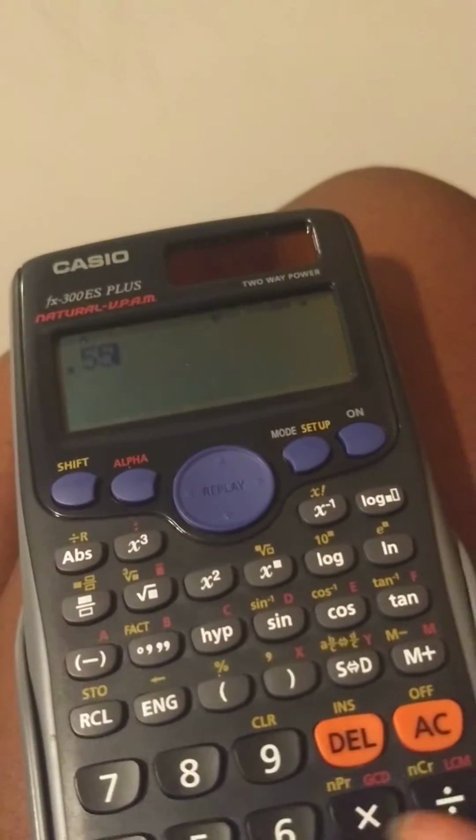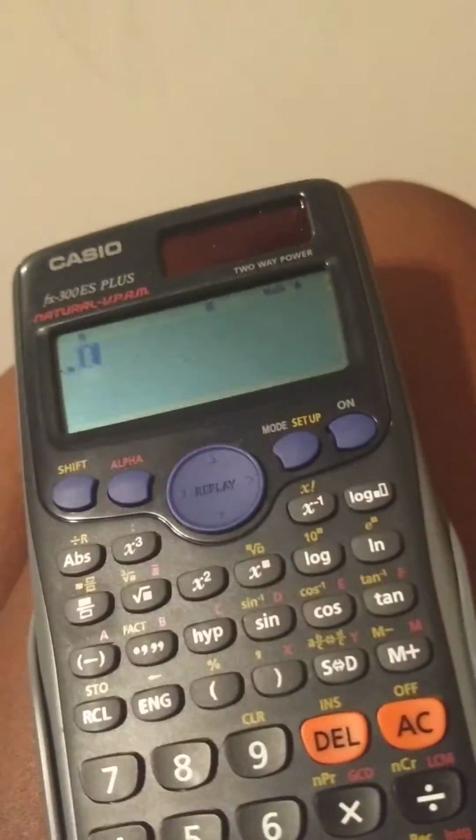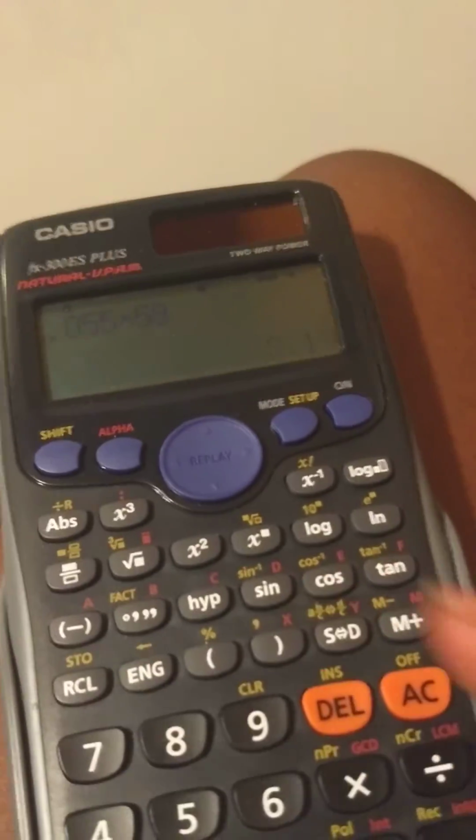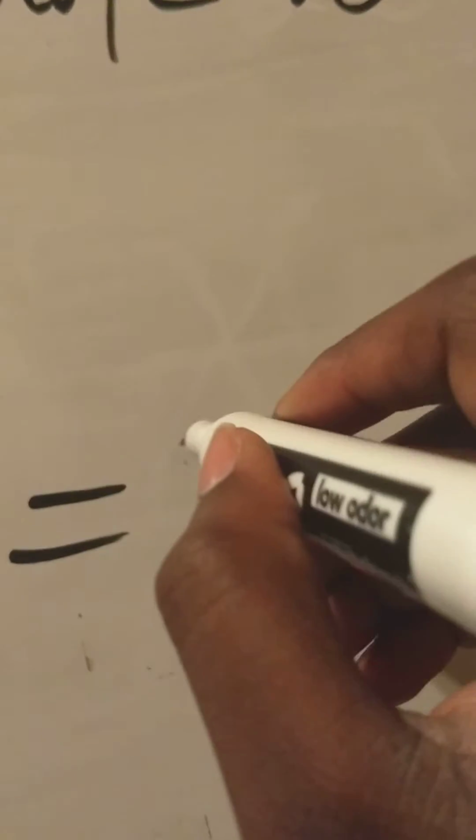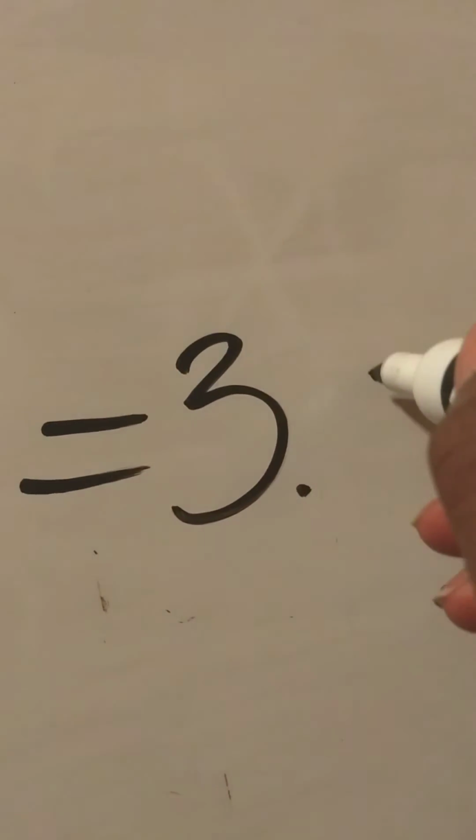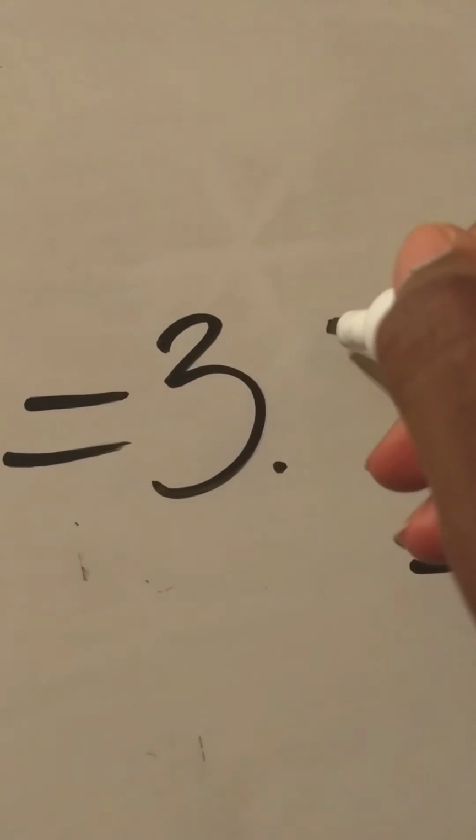We'll start out with our proper numbers, to get that 1 mole. These will cancel out. Mole, yes. And then 58 grams, which is our desired unit, grams, to give us 0.055 times 58 equals 3.19.